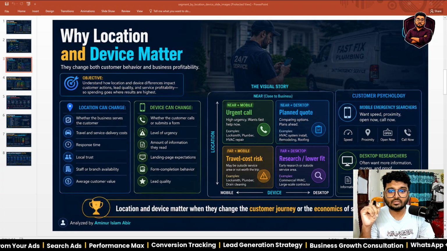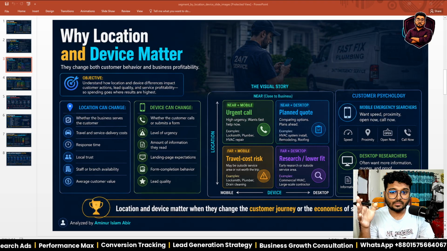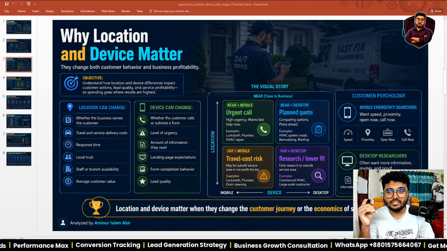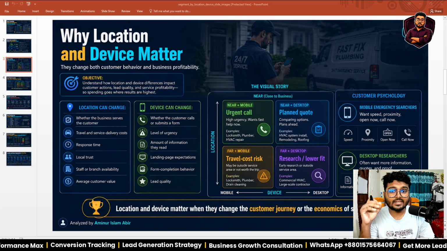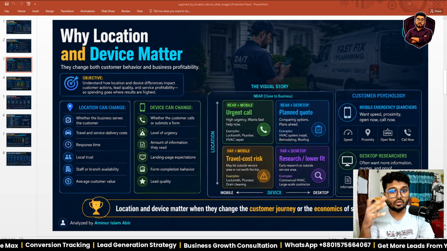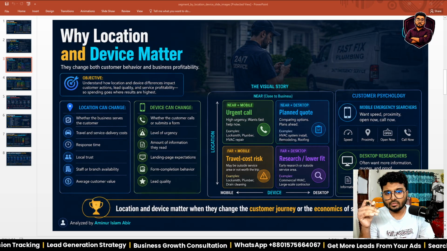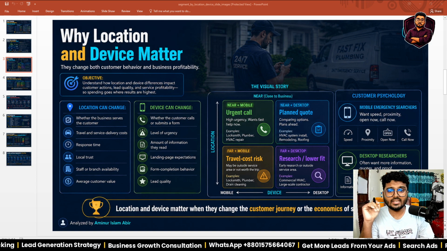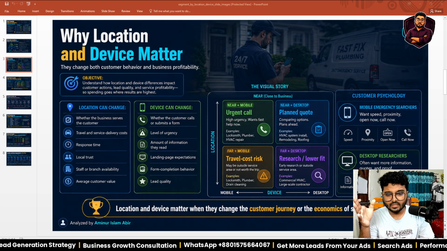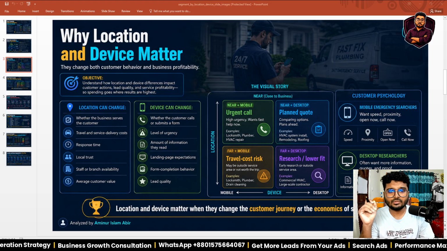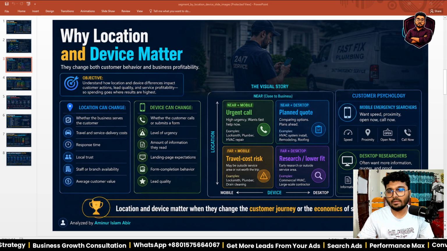The final decision must come from actual lead quality, appointment data, customers, and revenue. Location and device matter when they change the customer journey or the economics of serving that customer. Different behavior is meaningful only when it creates a different business outcome. So let's apply this thinking to a real Dallas plumbing campaign.